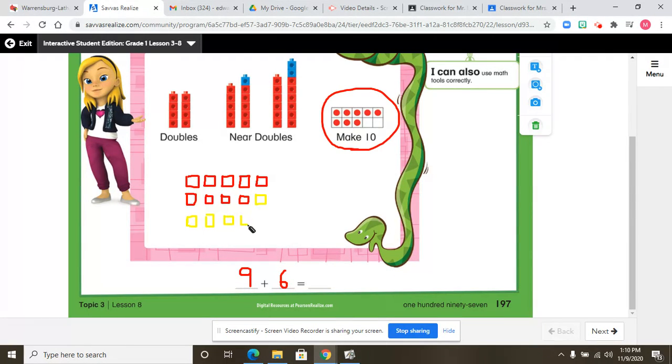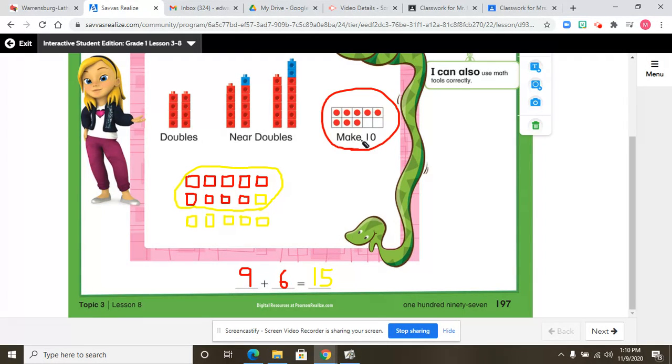So now we made 10 at the top here. So this is 10. So you may want to circle it. All right. So this is 10, and then we'll just count on the rest. 11, 12, 13, 14, 15. So 9 plus 6 equals 15.